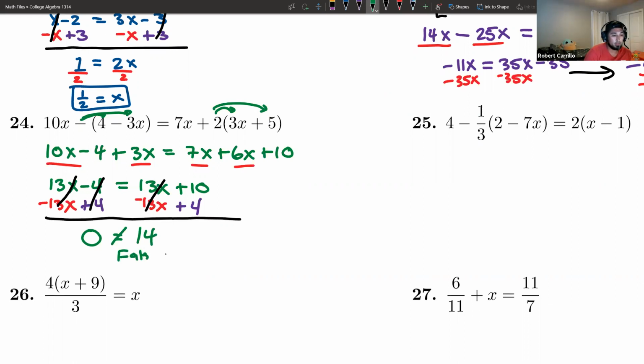This is false. So the last one, we got 0 equals 0, which was infinitely many solutions. This one, we get 0 equals 14, which is not true, which means how many solutions do we have? None. So we say no solutions.